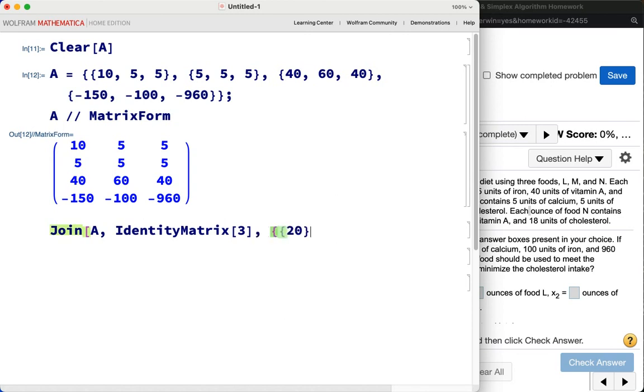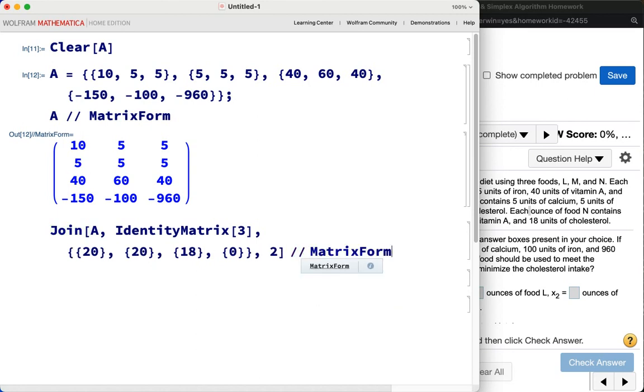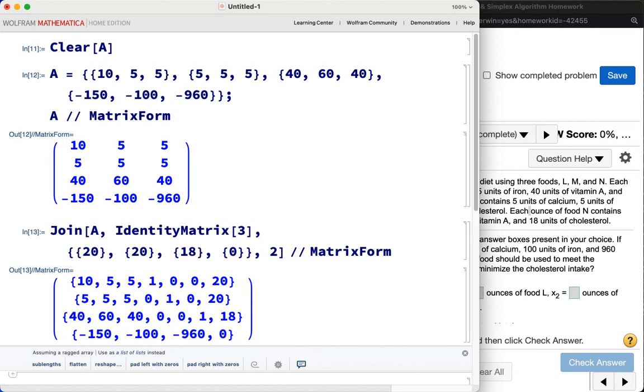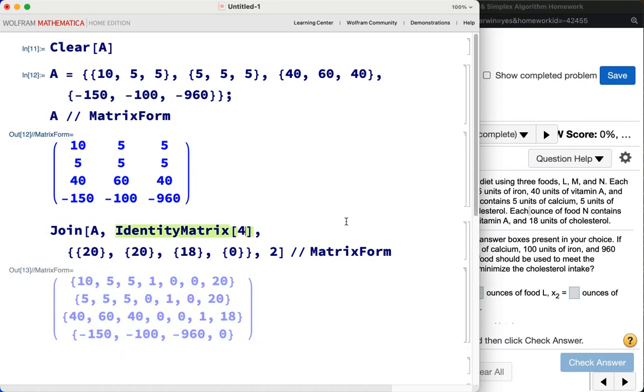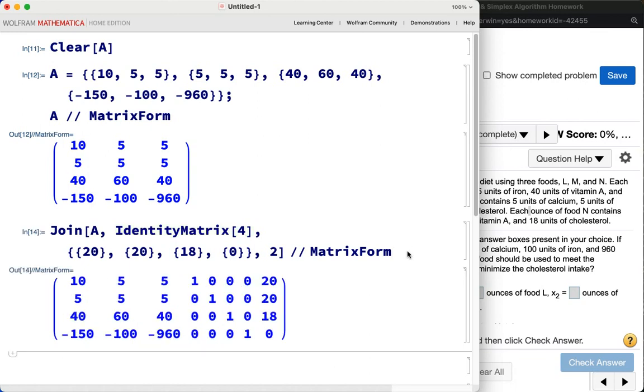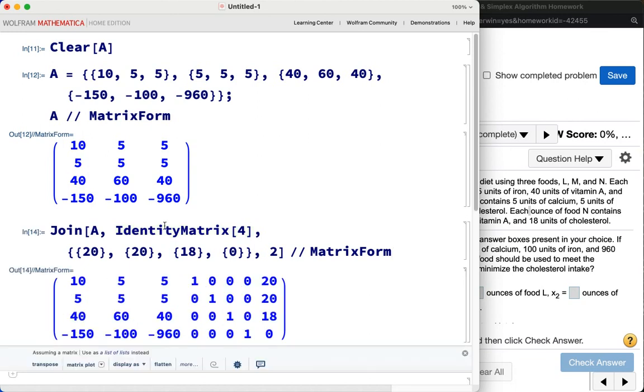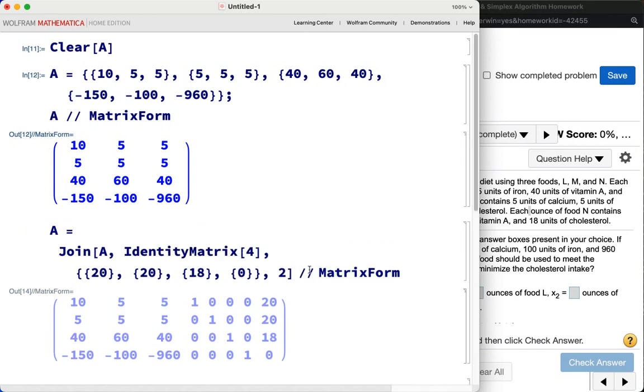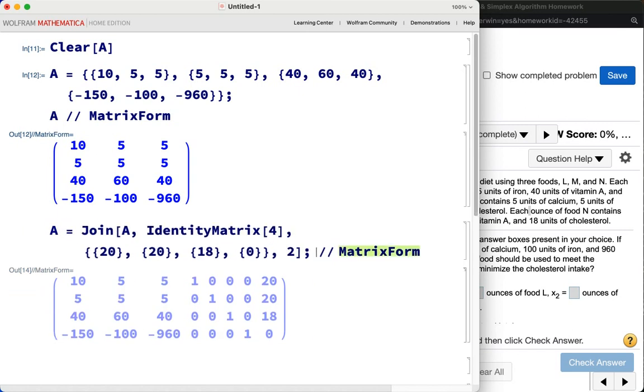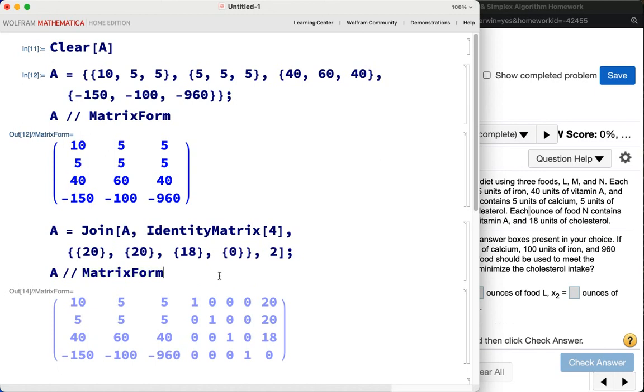I don't know if this is going to work, but we can try it. 20, 20, 18, 0. Oh, this should be identity matrix 4. Sorry. Actually, it does work. So let's make the change permanent. We're going to update A.